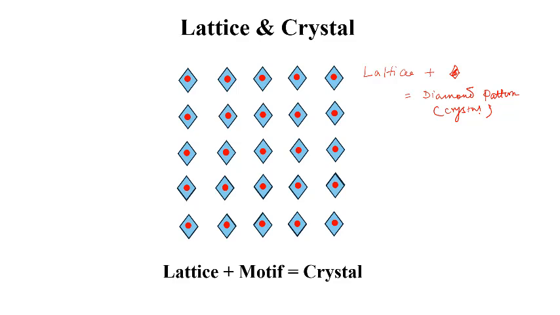So to obtain the crystal or the crystal structure, you need a lattice and you need a motif. Okay, lattice will tell you how to repeat and motif will tell you what to repeat. All right.